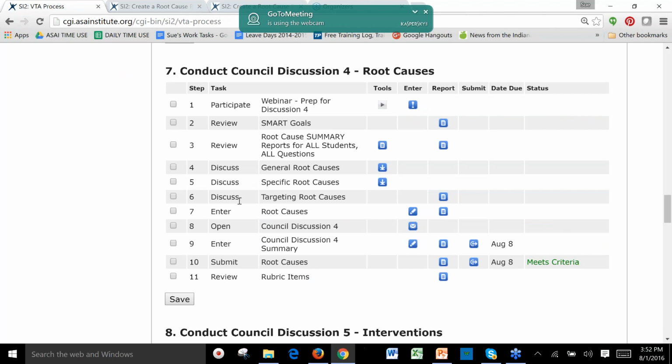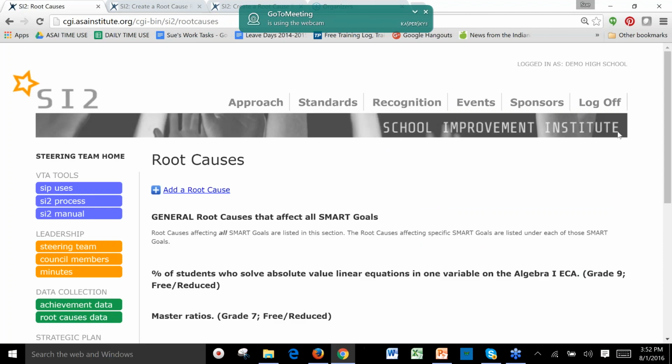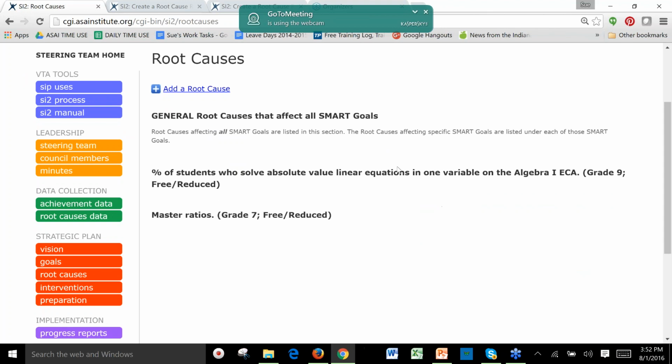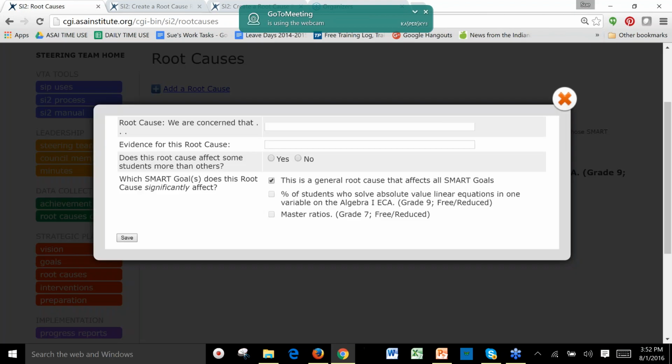Okay, so then we're going to enter our root causes. This is really simple. I'm going to click here on enter, and we're going to first note that we have two SMART goals here, and I'm entering root causes for these two SMART goals. So I'm going to add a root cause, and this little window pops up, and here's what you would type in.